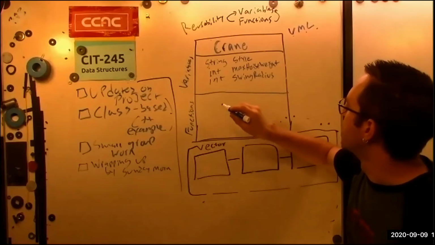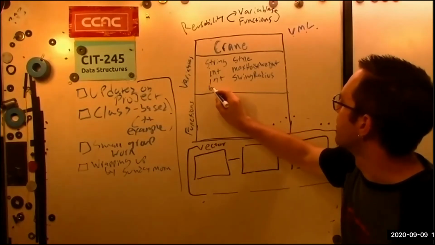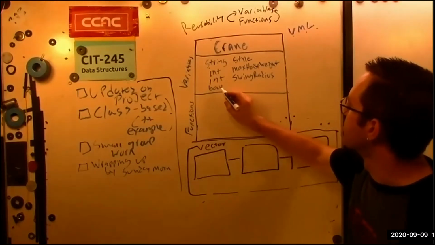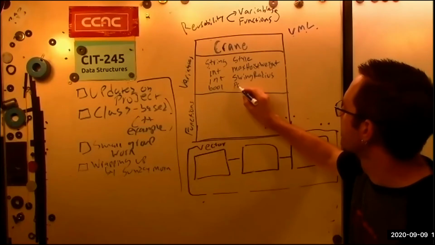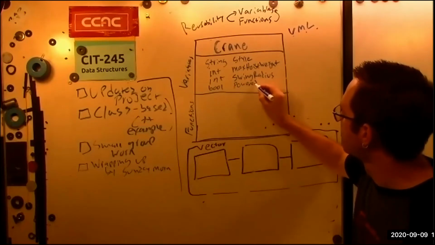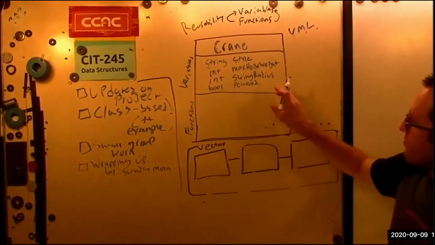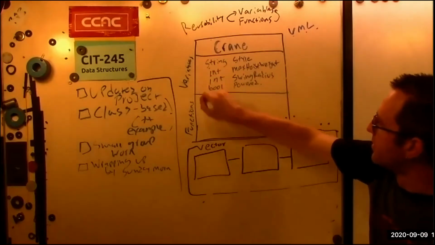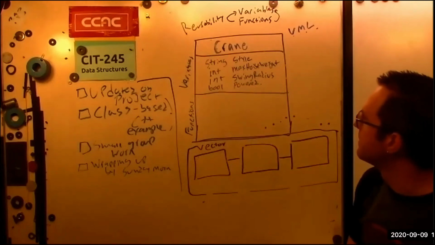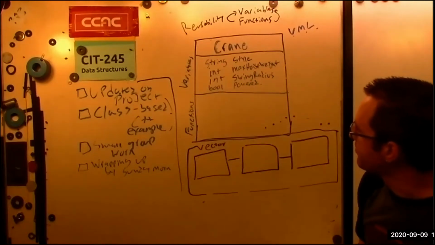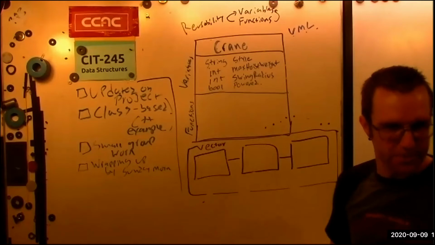And we could have a Boolean for if it's powered or if you have to crank it yourself. So we have these four variables, and we want to include them in a class called crane, and then we'll touch on functions here in just a minute.